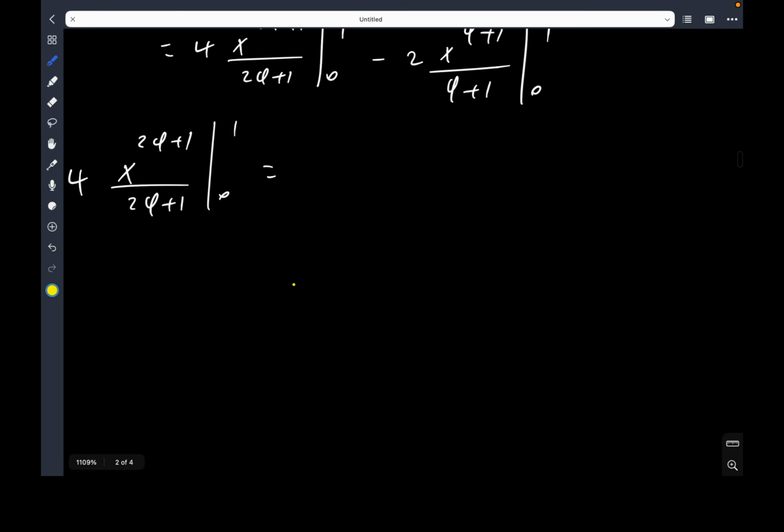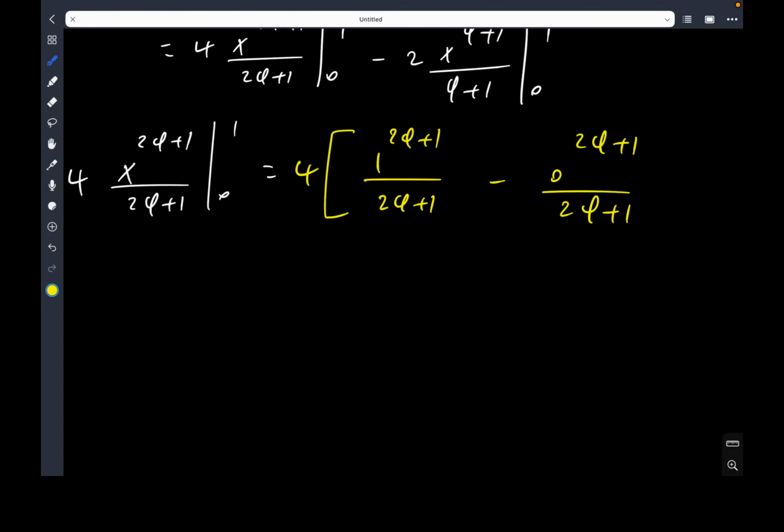So I plug in x equals 1 and subtract x equals 0. This is going to be 4 times 1 to the 2 phi plus 1 over 2 phi plus 1 minus 0 to the 2 phi plus 1 over 2 phi plus 1.